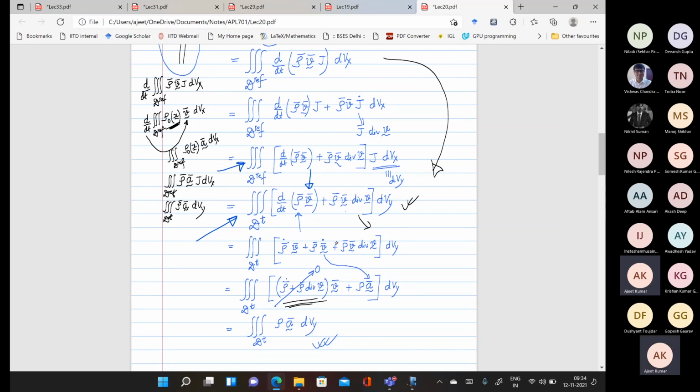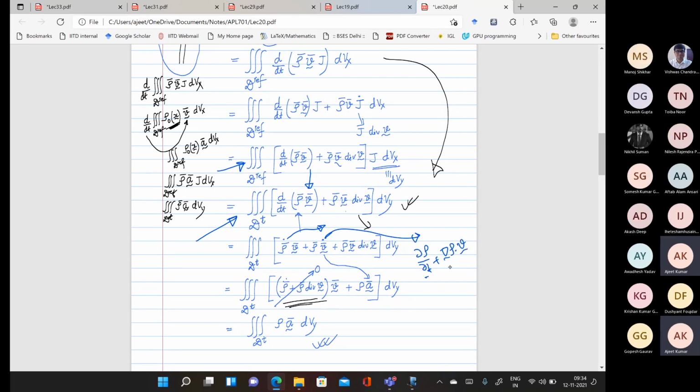No, so this v dot here is the material time derivative. Likewise, this rho dot is the material time derivative. Although the function is Eulerian, we are doing a material time derivative. So you could have written it as del rho del t plus grad rho dot v. So this rho dot is this. Okay, so we are telling that this is the material time derivative. Yes, exactly. Okay, sir.